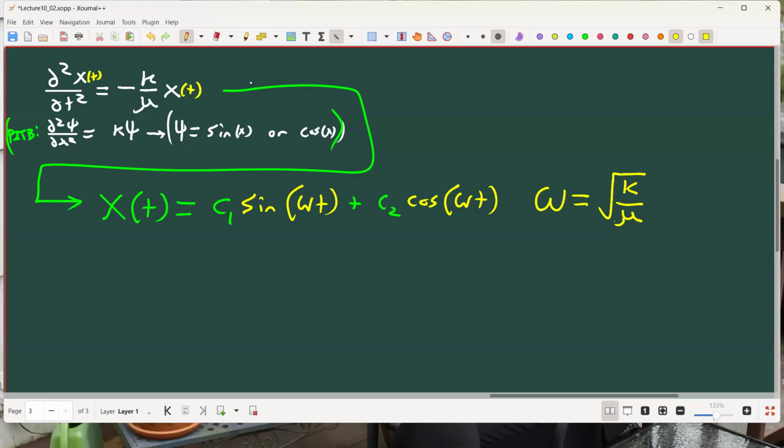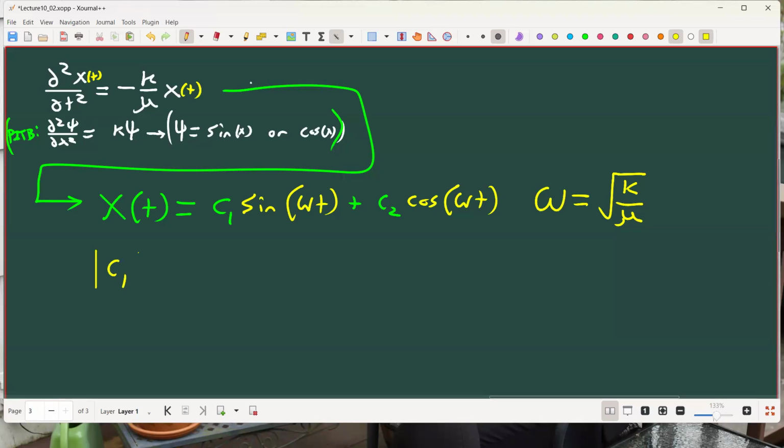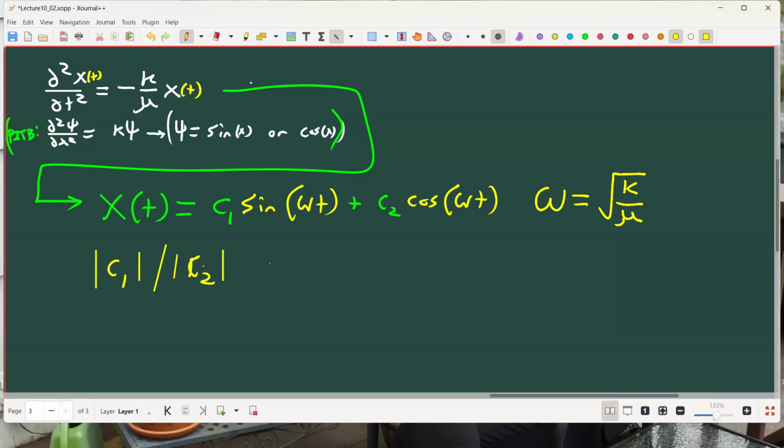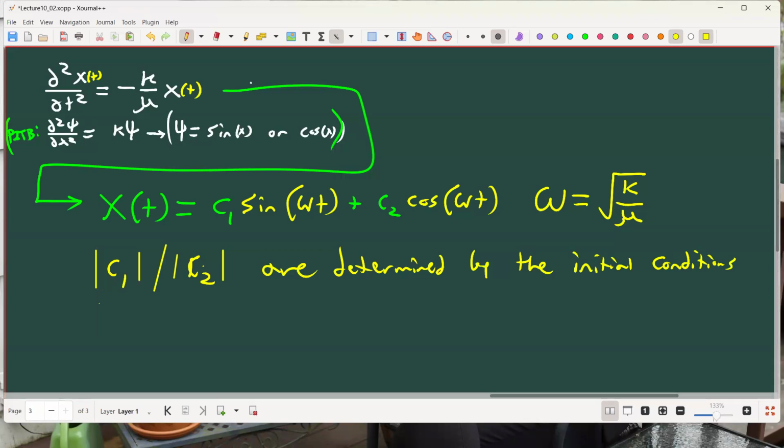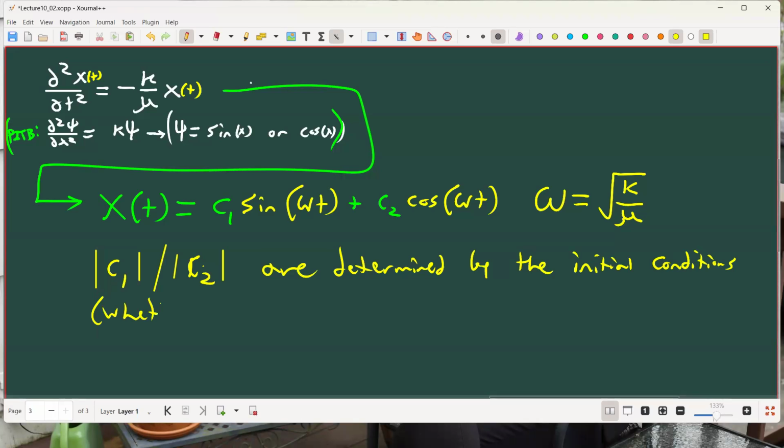All right, so what that means is that the amplitude of the wave, if you will, the values of C1, C2, are determined by the initial stretching, by basically the initial conditions, whether stretched or not.